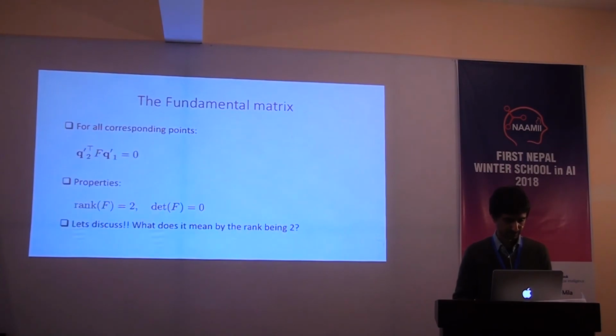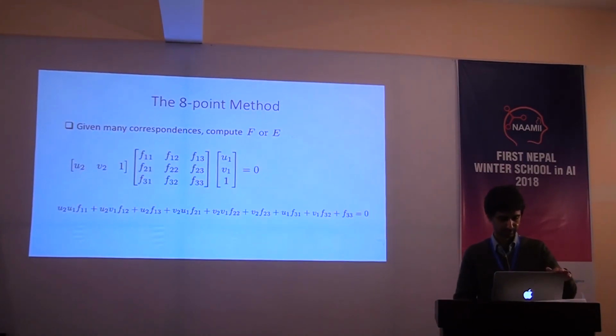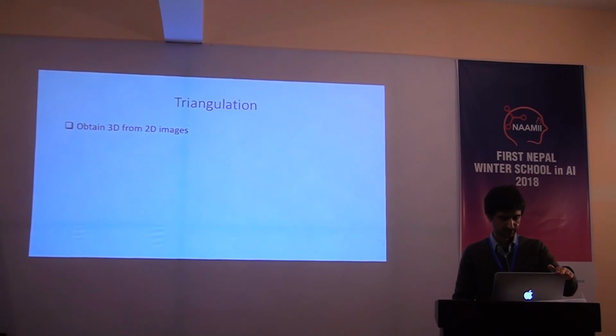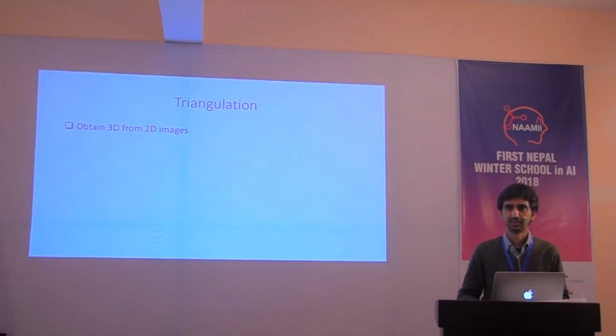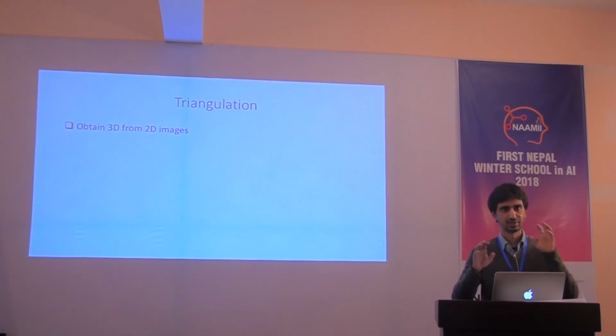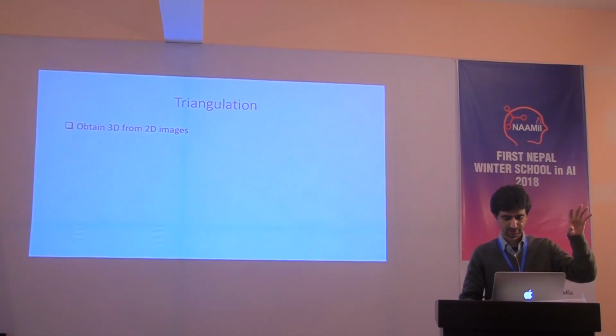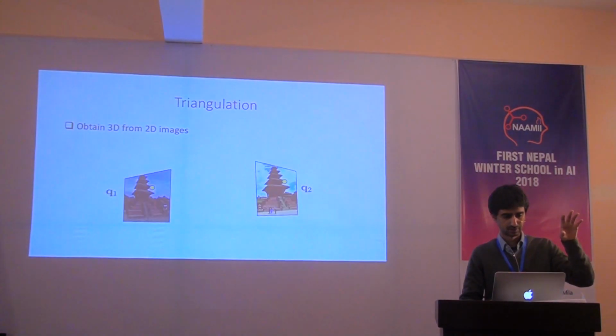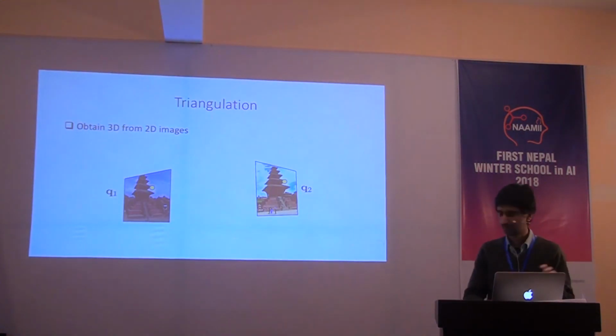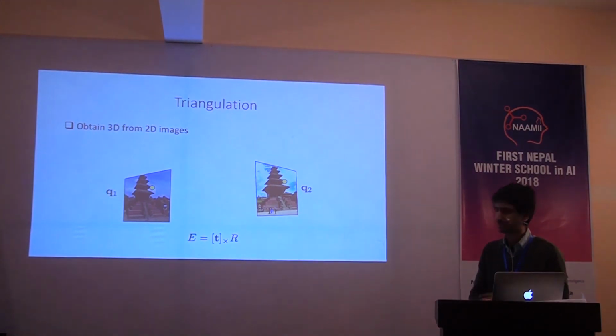Now, let's continue to triangulation. We completed the essential matrix last time, and we said that we can decompose the essential matrix into the rotation and translation, the orientations of the camera. So you have corresponding points, and you know the essential matrix, and now you can extract the pose of the cameras from it.